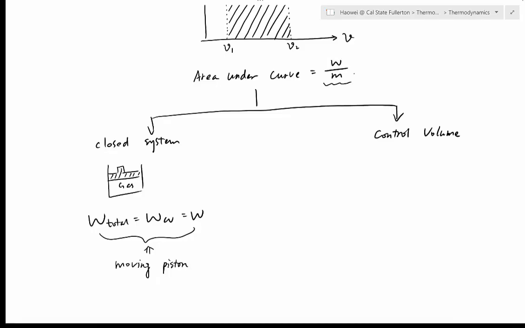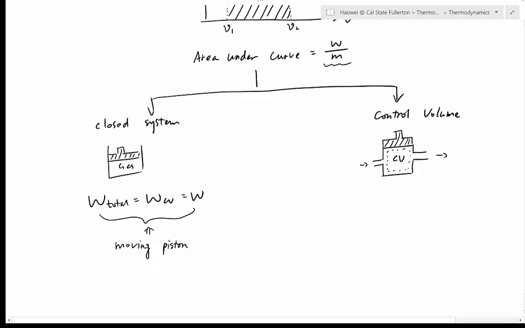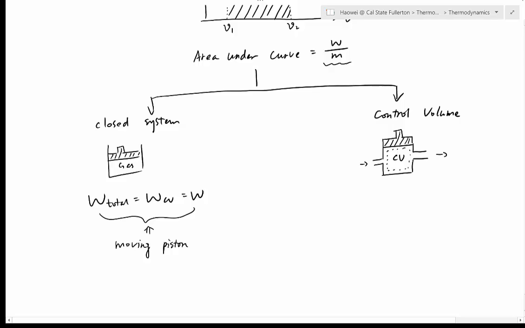But if you deal with the control volume, things are different. Why? Because, for example, let's say you have a piston cylinder assembly again, but this time you have an inlet and an outlet. So this time your system will become a control volume, with an inlet and an outlet. For control volume, work is more complicated.